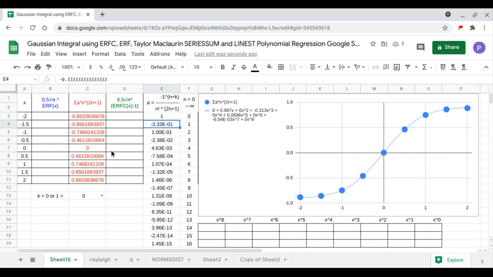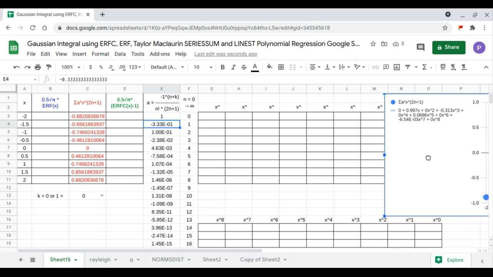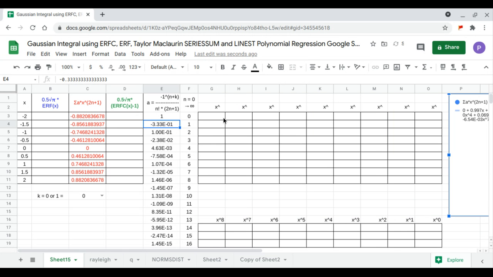So if it is the ERF function, here we have the trendline polynomial and the trend line, which is the ERF function. Next, we calculate the regression coefficients using LINEST. We begin with the LINEST matrix, which is equal to transpose from 0 to 8.